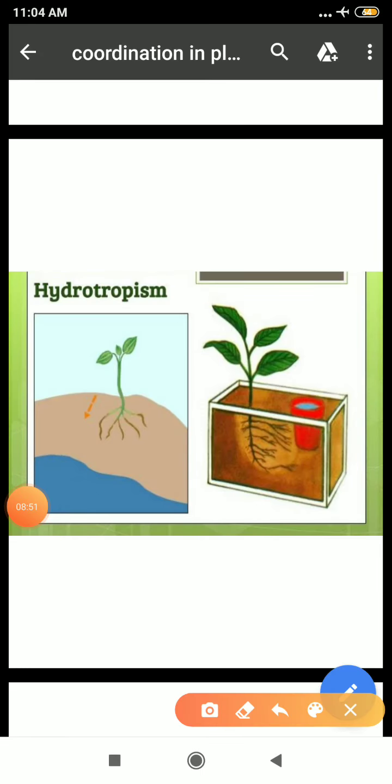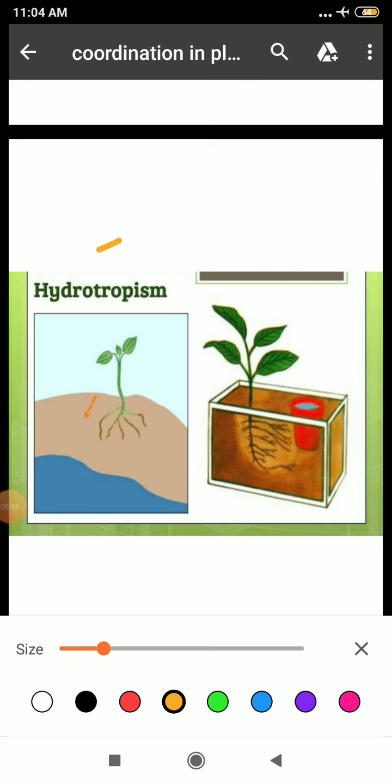The last type of tropic movement is hydrotropism, students. Means what? Movement of the plant towards the water. Now see where water is. In this diagram water is here, and in this case water is here. So see where your roots are moving.